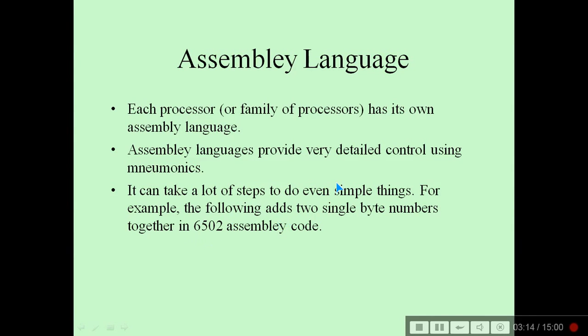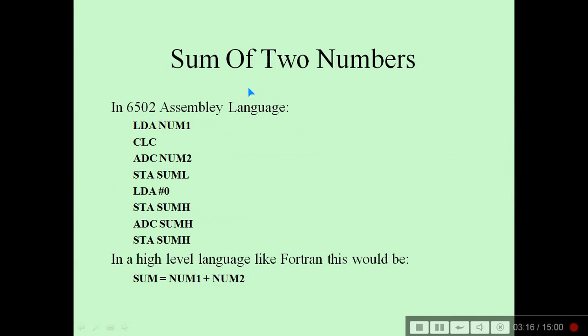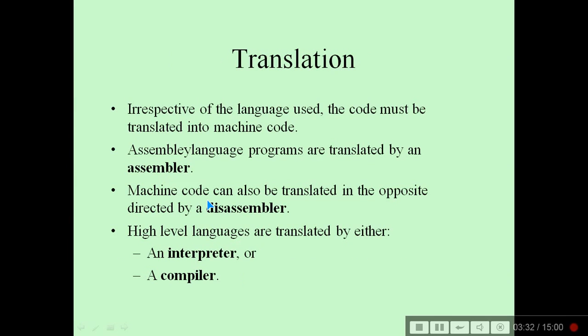This is just an example: sum of two numbers. For those who have a fair idea of programming languages, this is an intermediary between machine code and your high level language. This is called assembly language. Translation is converting the code to machine code, and this is done through a program called an assembler and disassembler.